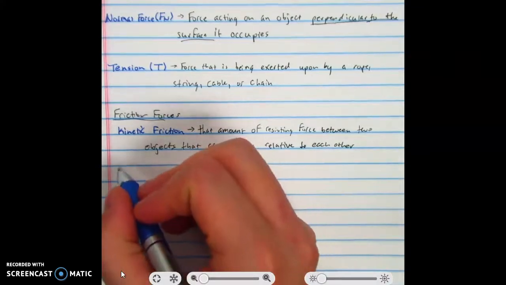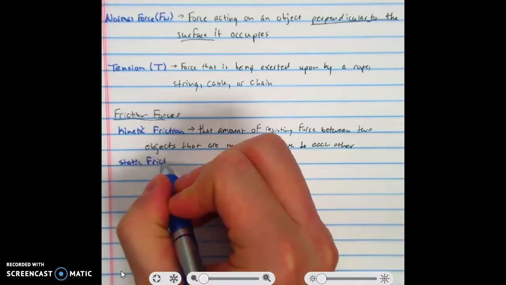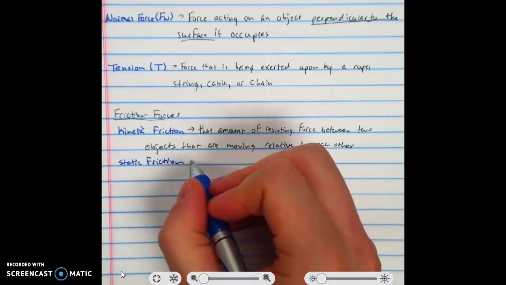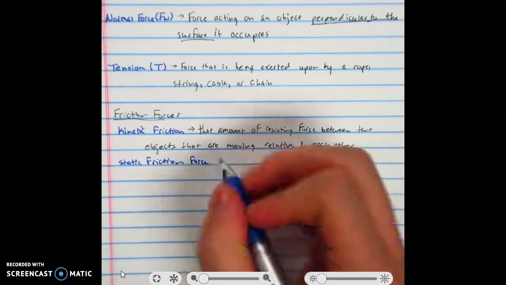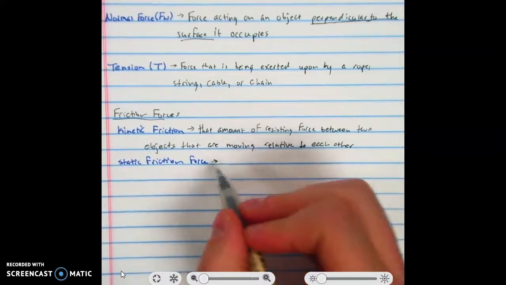And then the second one is called your static friction force. You can call it kinetic friction force if you want to, you just have to put the force at the back end of it.